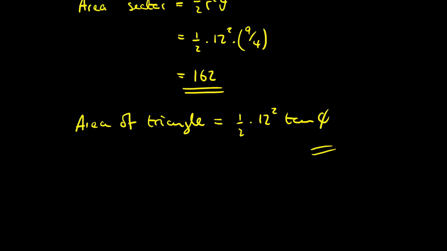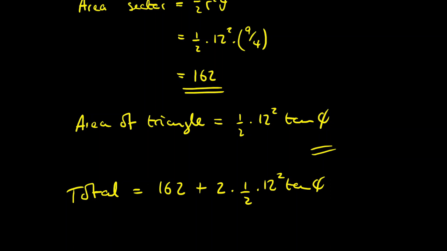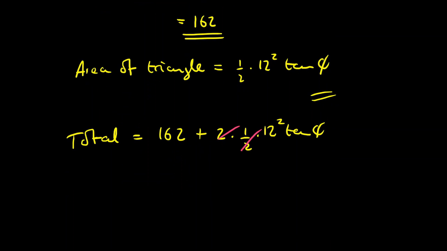We can say that the total area is going to equal to 162, which is the area of the sector, plus 2 lots of a half times by 12 squared times by tan phi. Right? And of course, the 2 and the half, they cancel off. So we've got 144 tan phi there.